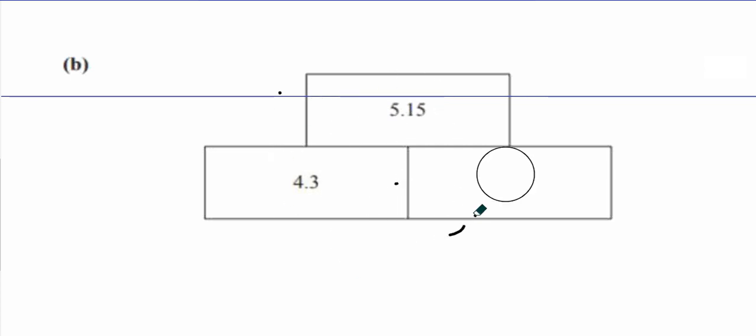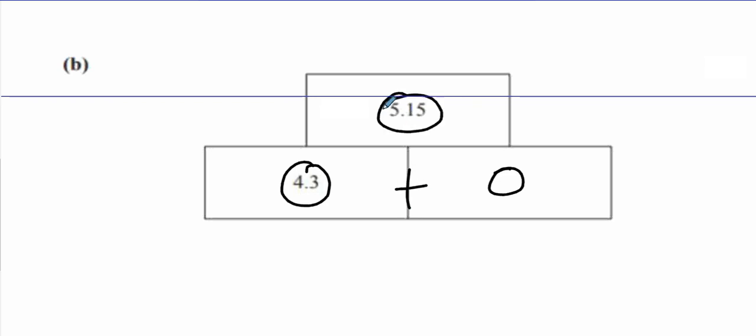Let me do it. The instruction says when you take the two bottom numbers and add them, you get this. In other words, the top number minus the bottom number, you will get the answer for this box.